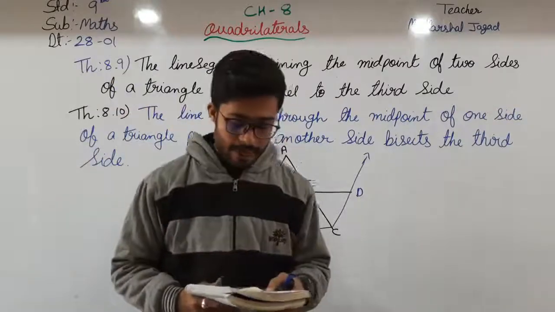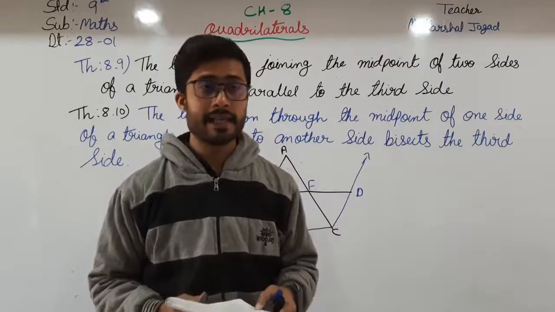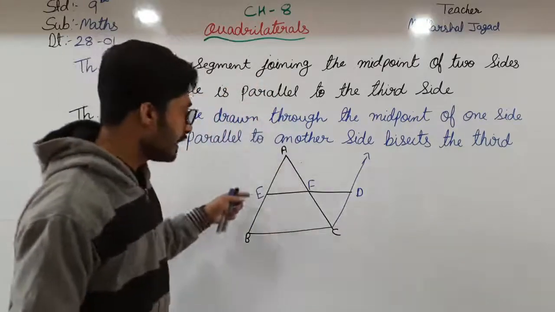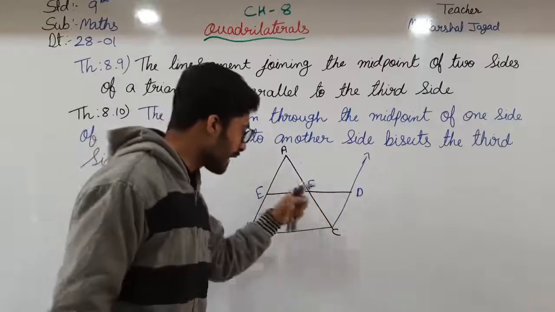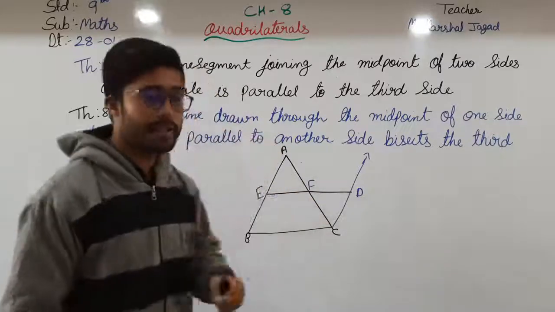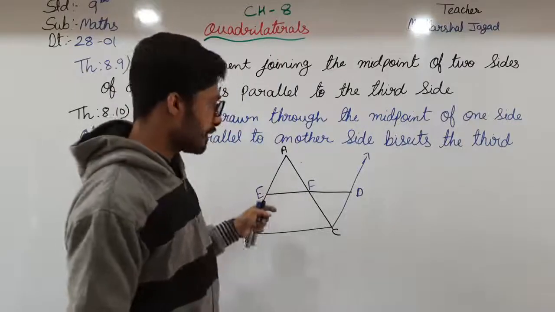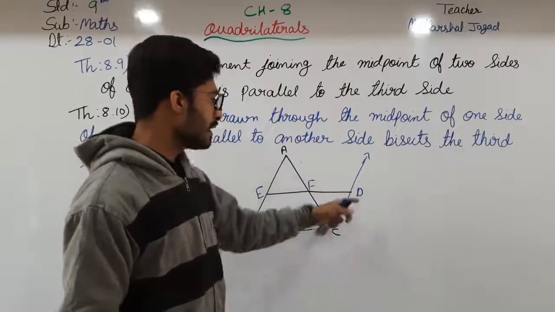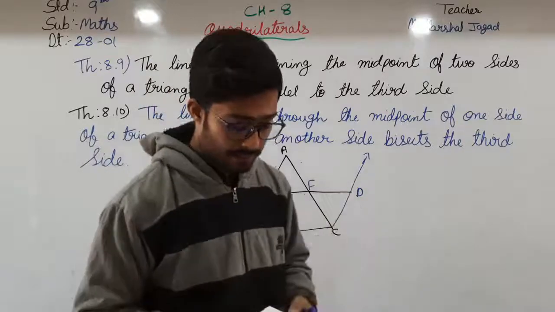So for that, triangle AEF is congruent to triangle CDF. These both triangles are congruent to each other. Then after, EF is equal to FD and DC is equal to AE. All these sides will be equal.